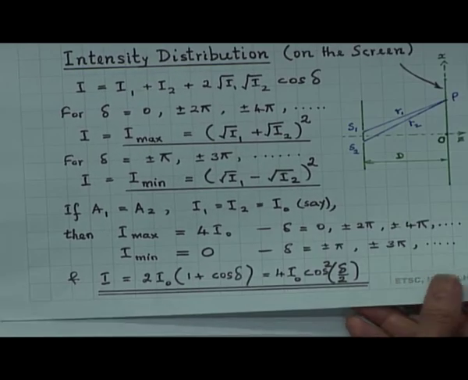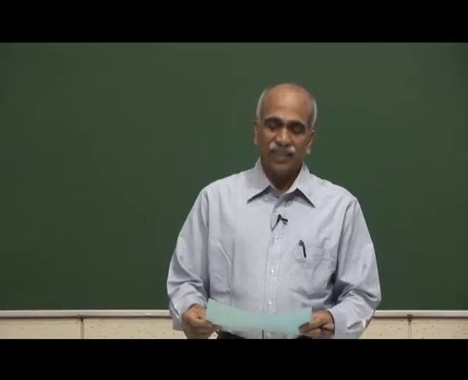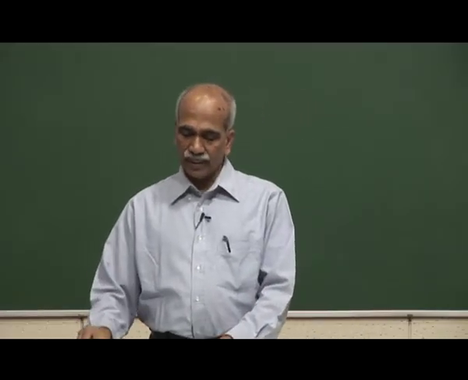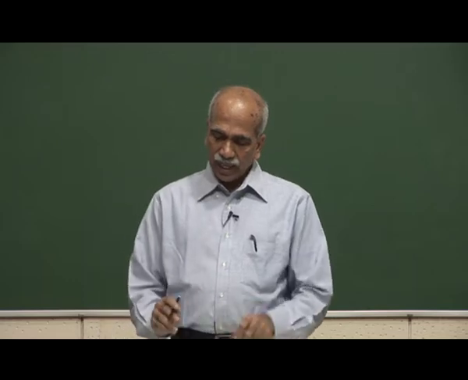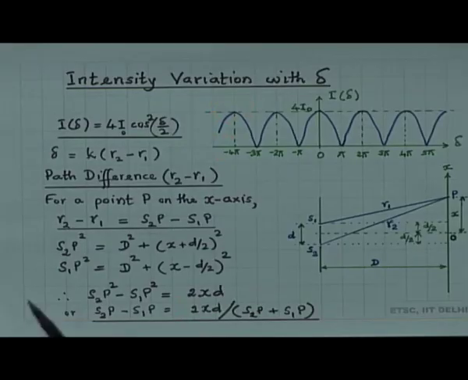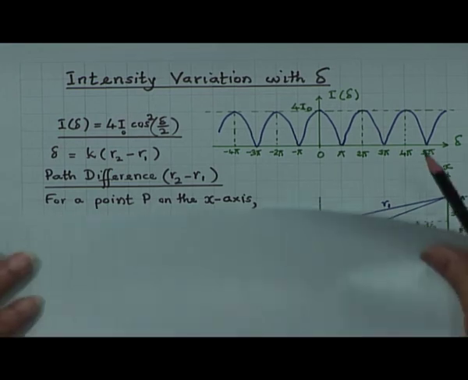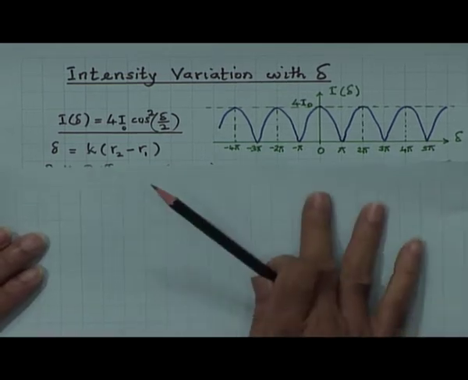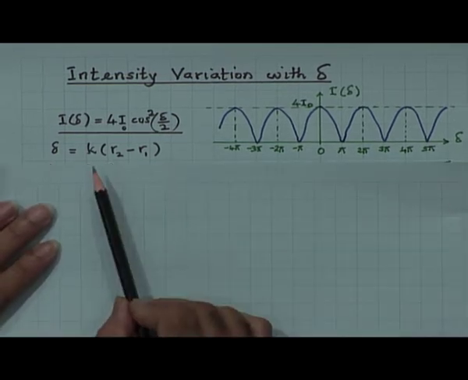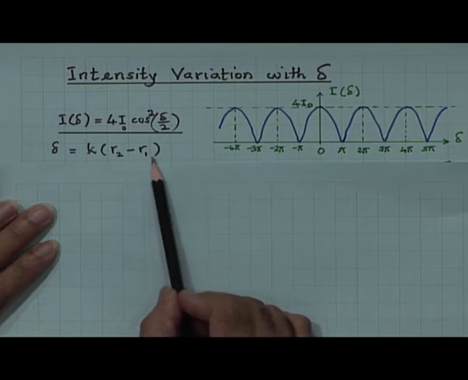So, we can plot intensity as a function of delta. If we plot the intensity variation as a function of delta here, I of delta is equal to 4 I0 cos squared of delta by 2, where delta is equal to k times (R2 minus R1).